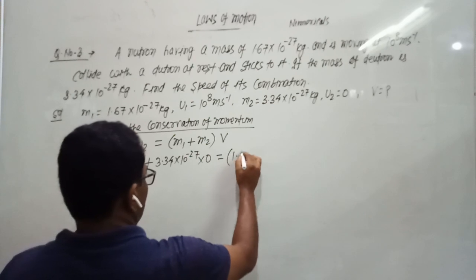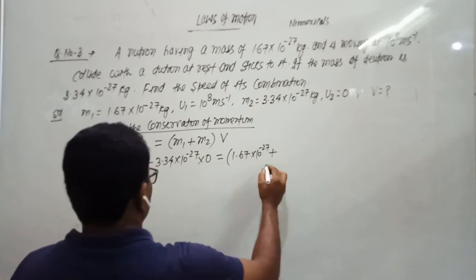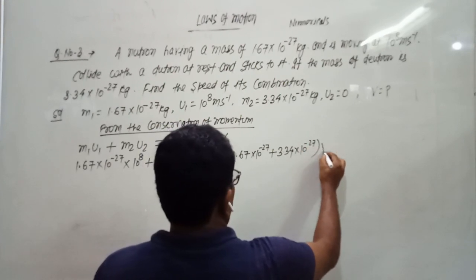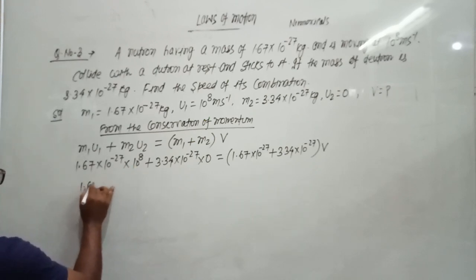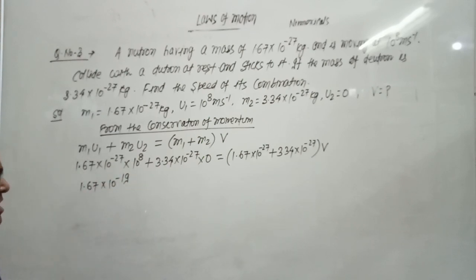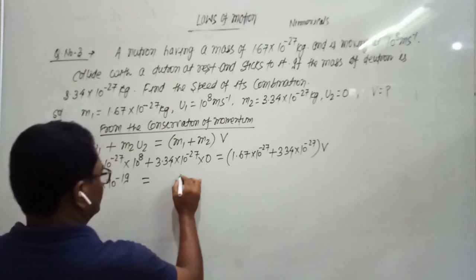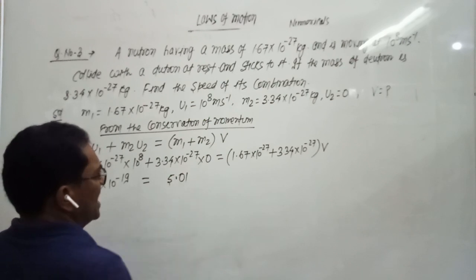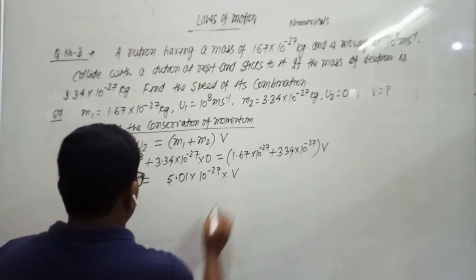And the sum of these masses, 1.67 × 10^-27 plus 3.34 × 10^-27, into V. So this becomes 1.67 × 10^-19, and the whole second term becomes 0, and the two masses are added. This becomes 5.01 × 10^-27 into V.